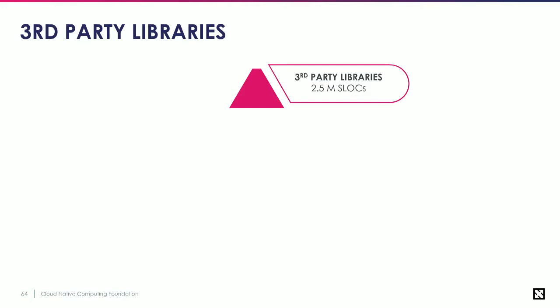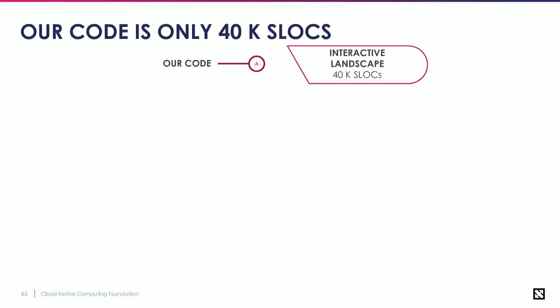That's 2.5 million SLOC just for the node_modules directory. And then finally, like the cherry on top, is our code itself for the Interactive Landscape. That's only 40,000 lines of code, meaning that the NPM modules our code relies on are 63 times more code than what we wrote directly.